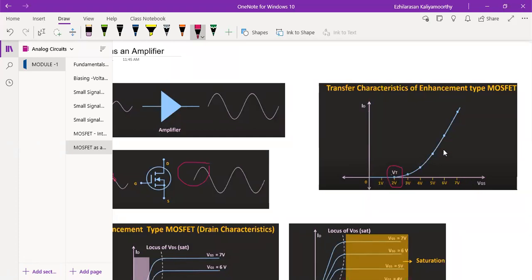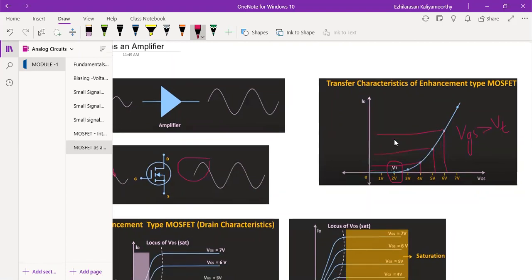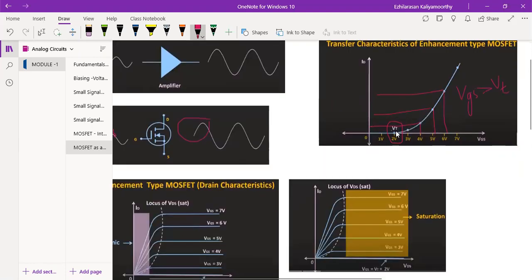Once the VGS is greater than VT, then the ID increases. See, this is for 4, this is for 5, this is for 6. Like this, the corresponding drain current we can see here. So you can say up to 2 volt, it won't amplify. In the sense, there will not be a signal. If you apply any small signal, then we cannot see the variations in the output here.